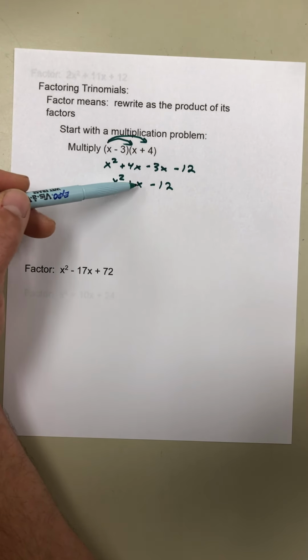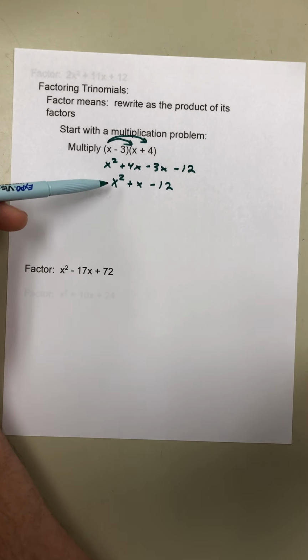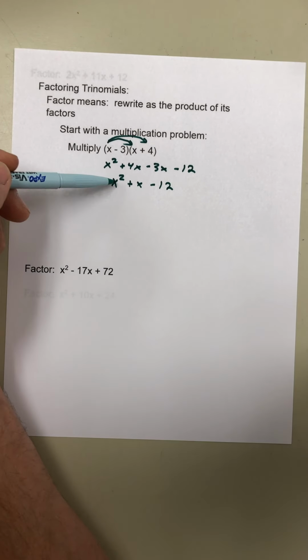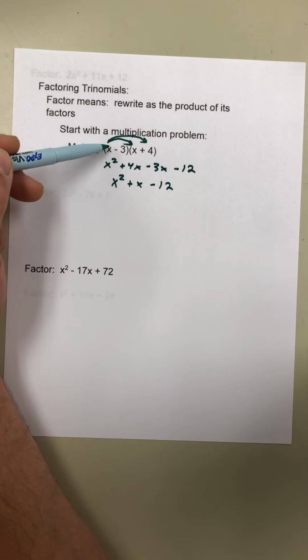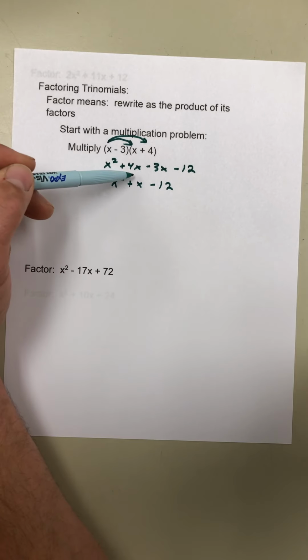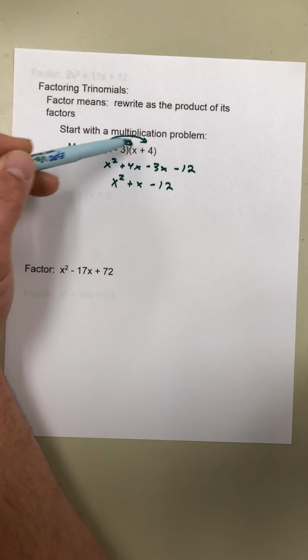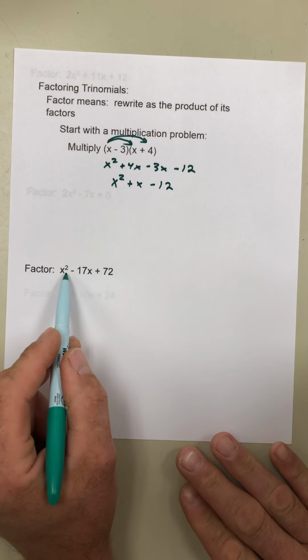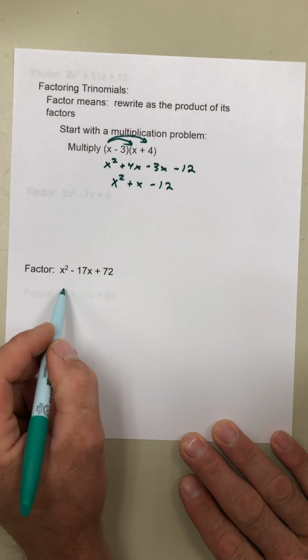That gave us our x squared plus x minus 12. So we go through that because when we factor it, we're going to undo this. So I'm going to undo this x squared. What can I multiply to give me x squared? Well, that's my x and my x. My negative 12 was negative 3 and 4. And this x came from multiplying these outsides and insides and then adding together. So I come down here to x squared minus 17x plus 72.